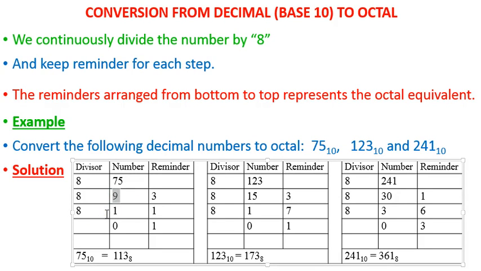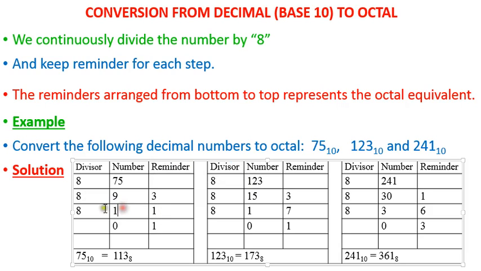If you want to get the remainder, all you need to do is to say 9 times 8. If you do 9 times 8, it will give you definitely 72. So if you take 72 out of this 75, you will be left with 3. That's your remainder. Now this 9 divided by 8, of course we'll get only 1 eight. Taking 8 out of this, it will leave you with the remainder of 1.